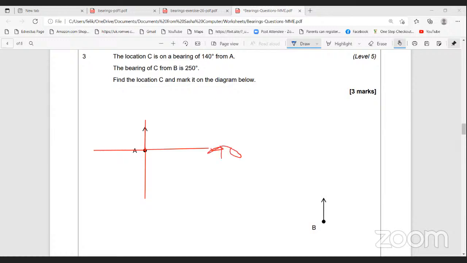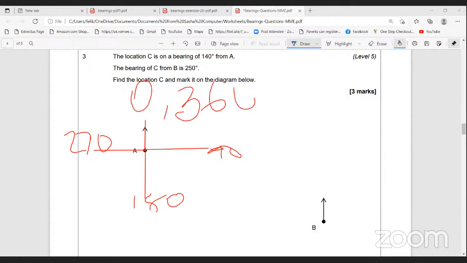That's 90, 180, 270, and this point represents both 0 and 360. Good? Yes, Miss. So we have an idea of where the points are.